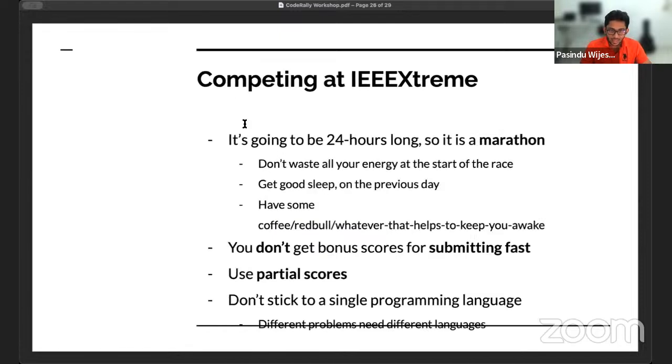And the IEEE Extreme competition is 24 hours long, so it's a marathon. Don't waste all of your energy at the beginning, because you need to stay up for 24 hours. At IEEE Extreme, they don't publish all the questions at the beginning.